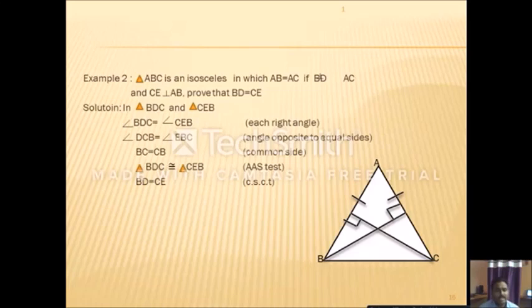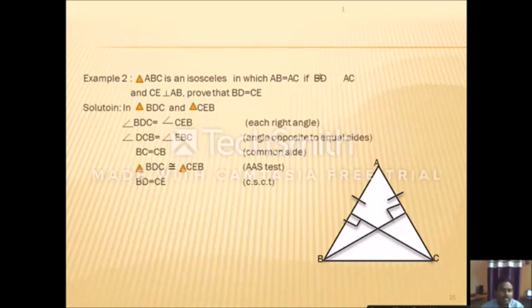Second example: triangle ABC is an isosceles triangle in which AB is equal to AC. If BD is perpendicular to AC and CE is perpendicular to AB, then prove that BD is equal to CE. Now we will solve this problem. In triangles BDC and CEB, angle BDC is congruent to angle CEB because each angle is a right angle.